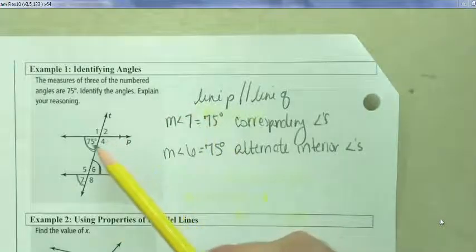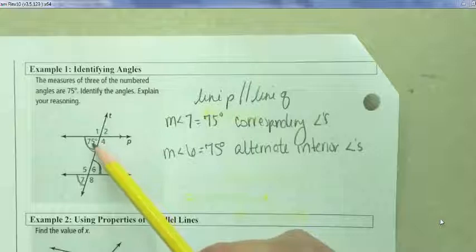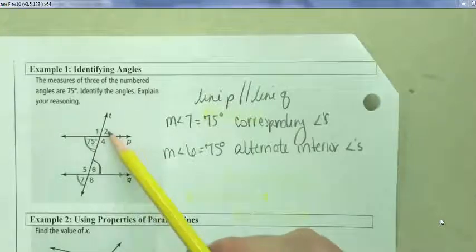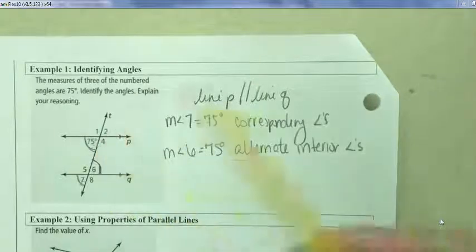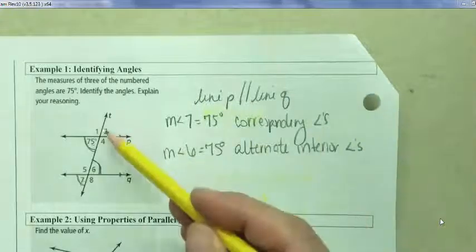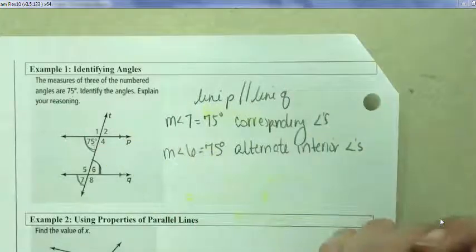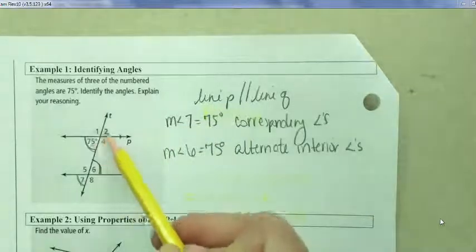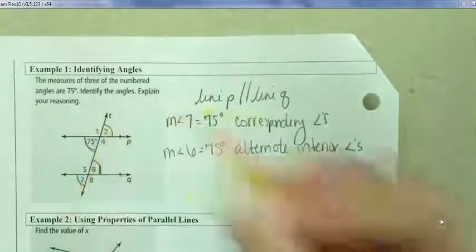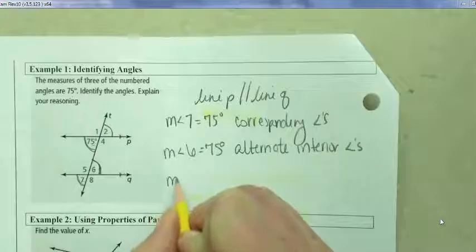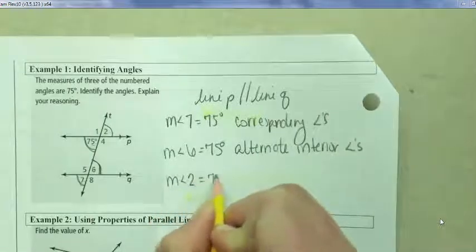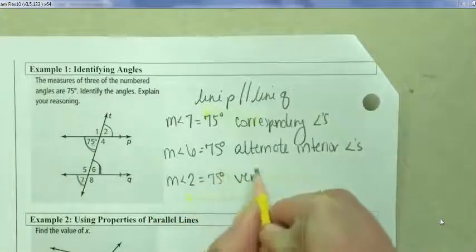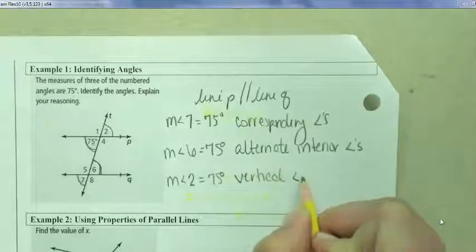What else do I know? Well, I also know that 75 degrees and this angle 2 are also related to each other. How are those two related? That didn't come from last lesson, that came from last chapter. That's right, these two are vertical angles, right? So I also know that the measure of angle 2 is equal to 75 degrees because it's a vertical angle.